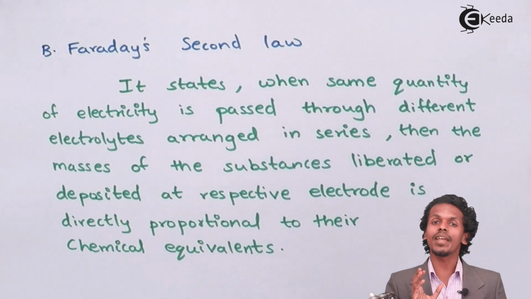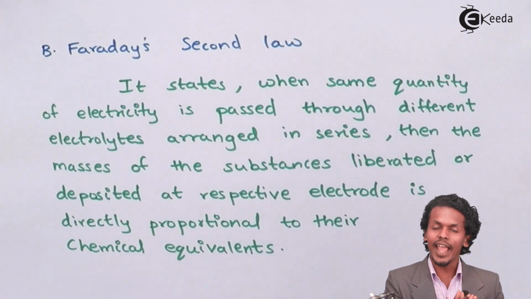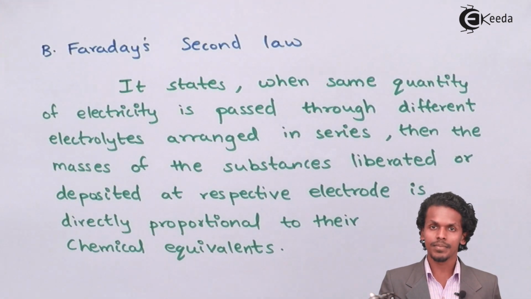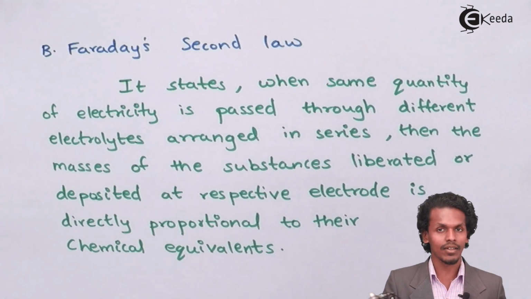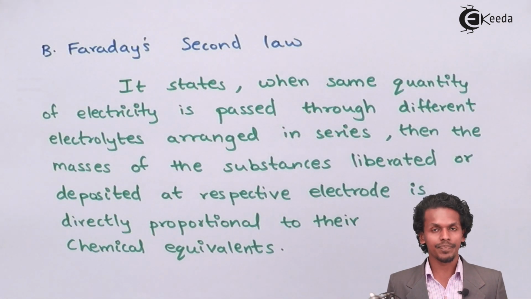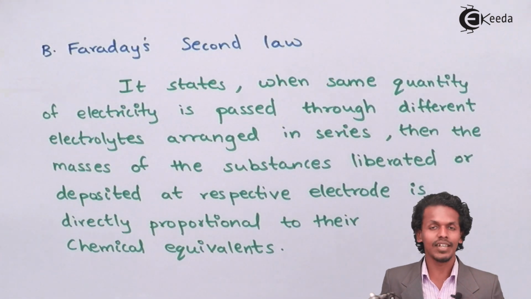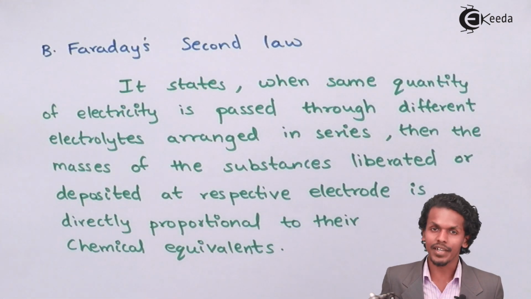In this case, suppose I pass electricity through the external circuit, that is through the battery. Then at a respective anode a particular molecule will get liberated or deposited, and at a respective cathode the particular chemical, in the form of atoms or in the gaseous state, will get deposited or liberated.